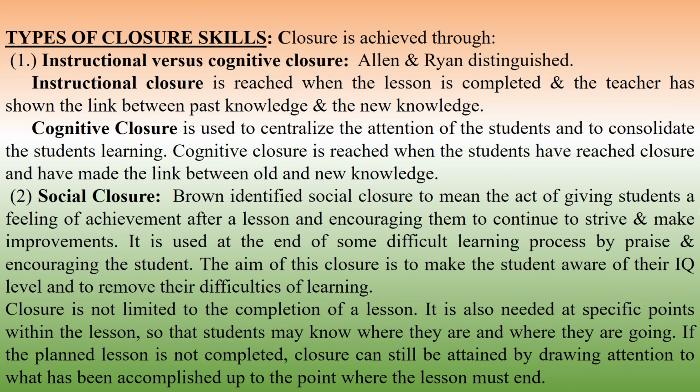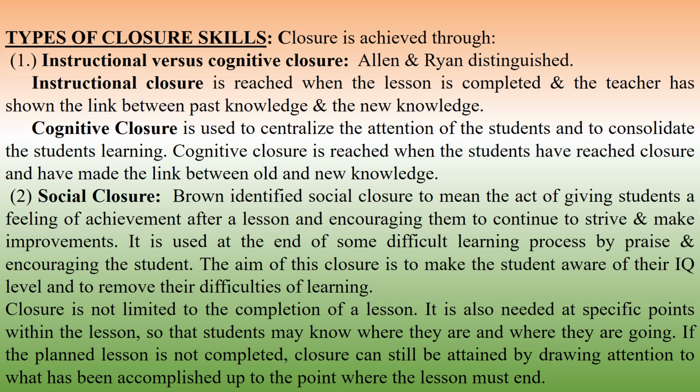Types of closure skills. In classroom teaching, generally closure is achieved through instructional versus cognitive closure. Allen and Ryan distinguished between instructional closure and cognitive closure. Instructional closure is reached when the lesson is completed and the teacher has shown the link between past knowledge and new knowledge.